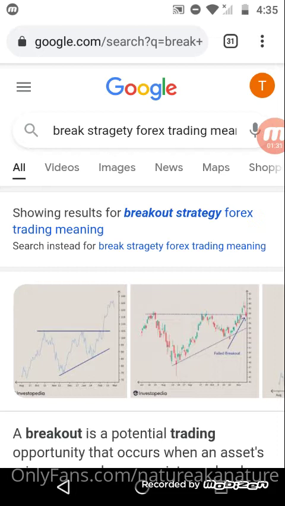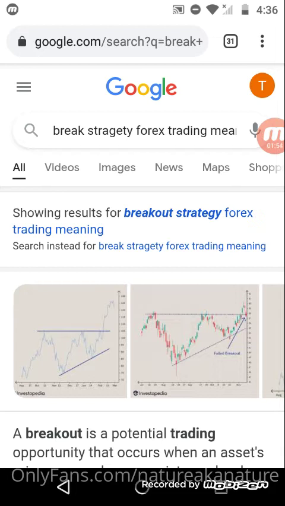The conservative way, once again, is to wait for price to make a bounce or a pullback to a broken resistance or support level. Once it makes that pullback or bounce back to that level, before going back in the direction it was continuing to go, that's when you get in.